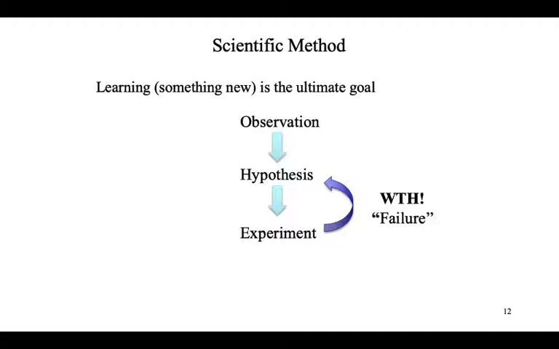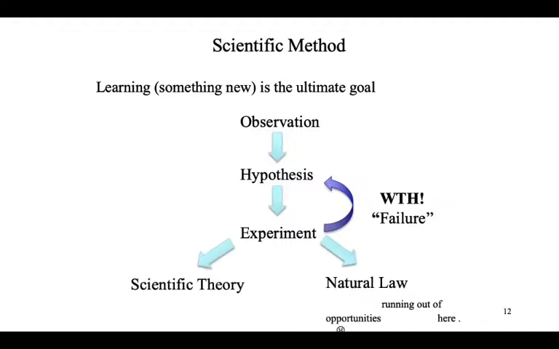But what they keep doing is they keep going back to it. They keep making those adjustments. They keep trying to learn from those mistakes that they made to improve. Why do they do that? That 1% of the time that it actually advanced into a scientific theory or a natural law was such an awesome feeling that they will go back to the drawing board and fail a whole bunch more.